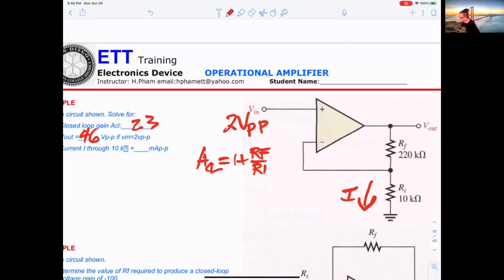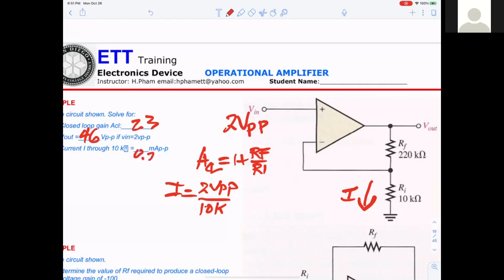Okay. So I equals 2 volt, I got 200 millivolts divided by 10K. So the answer will be automatically milliamp. I think that's 0.2.